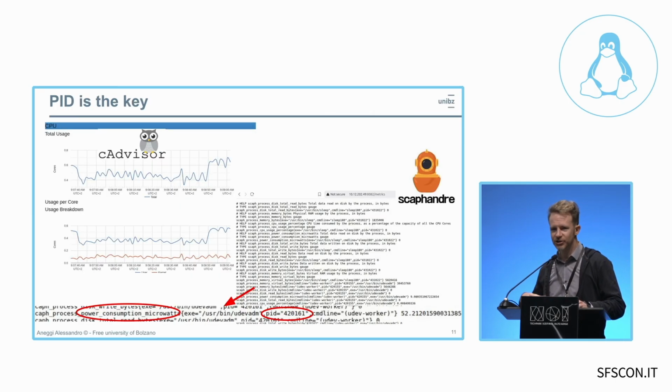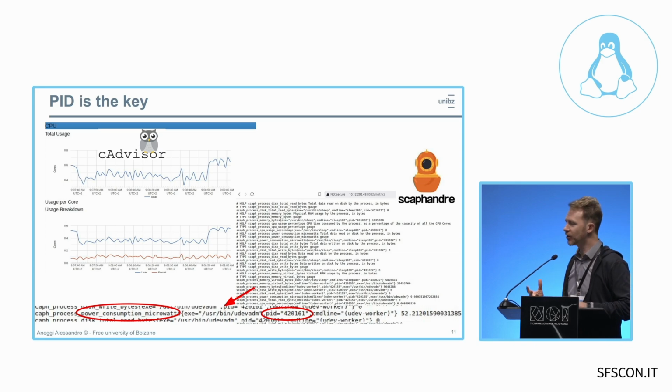Okay, now just to explain one part that was not so easy to manage. We normally get data about what's happening process by process in the system, so every PID has a power consumption. Here we can see an example of the data that we have.